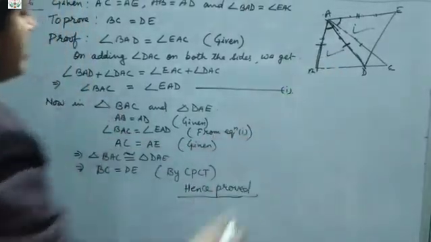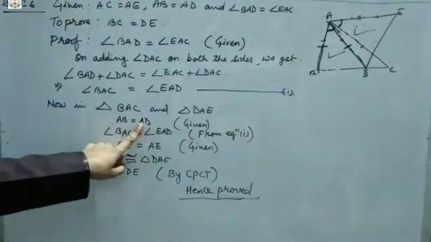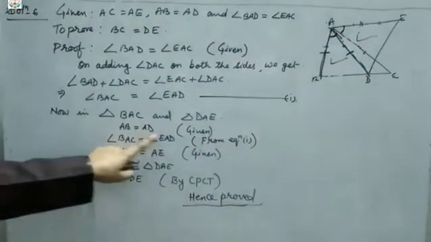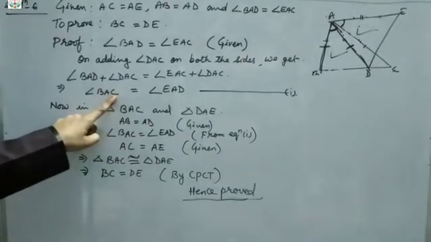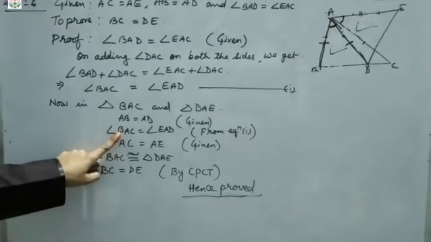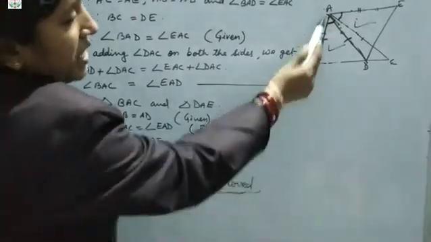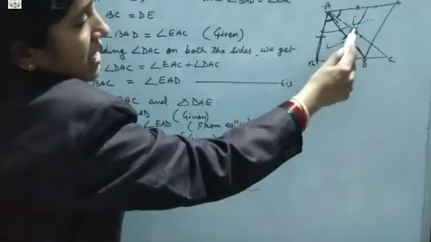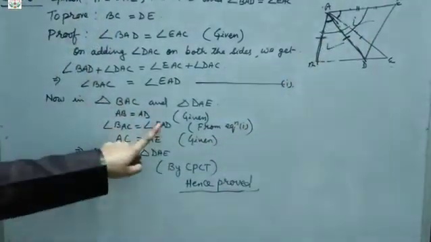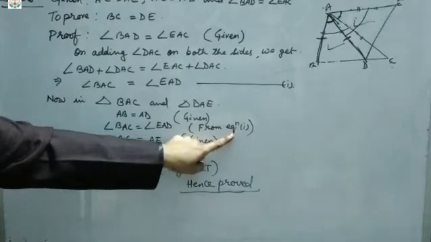It is given na? So that is what AB equals to AD. Okay. Given. Now what we have proved through equation 1, that is angle BAC is equals to angle EAD. Clear from equation 1.